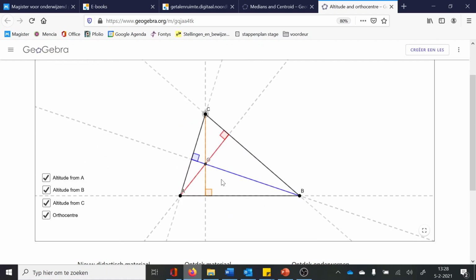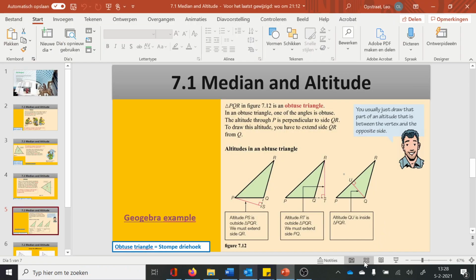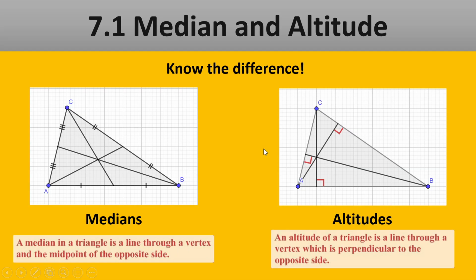What I want you to remember is the difference between medians and altitudes. And here you have exactly the same triangle, but on the left I've drawn the 3 medians, and on the right I've drawn the 3 altitudes. A median goes through a vertex to the opposing side in such a way that it divides the opposing side in 2 equal sides, right?